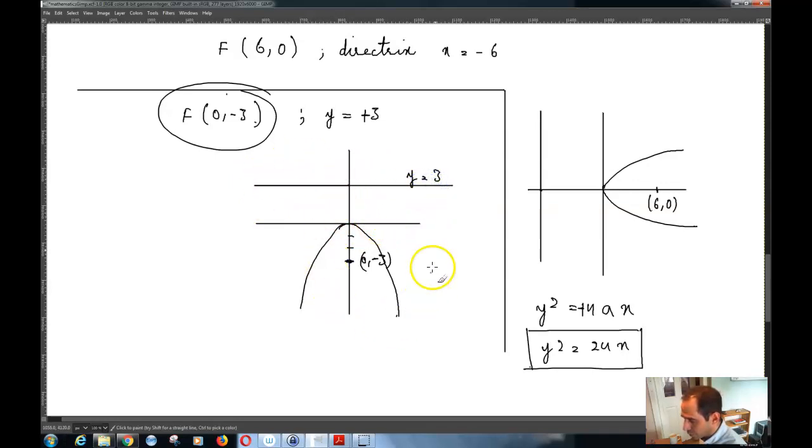And so the equation of this would be not y but x squared is equal to negative 4ay, since opening downwards. And since a is equal to 3 here, I can write x squared is equal to negative 12y. That's the equation of this parabola, number 8.